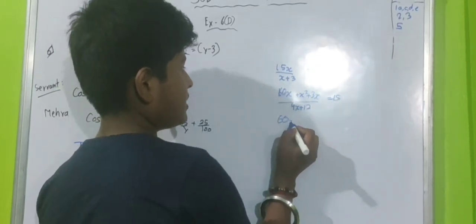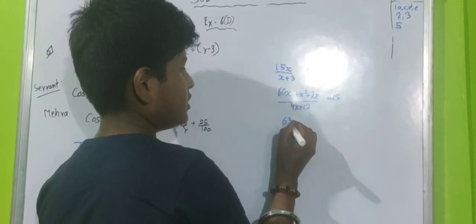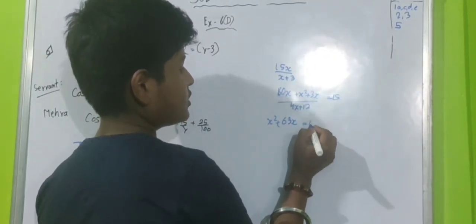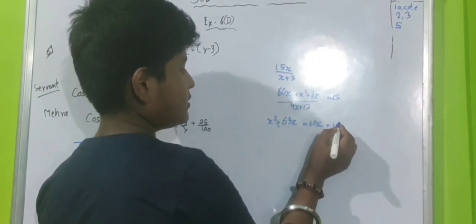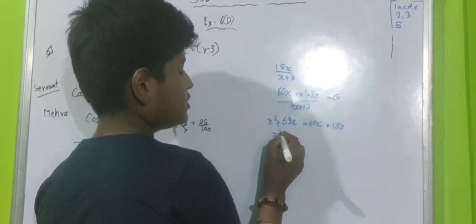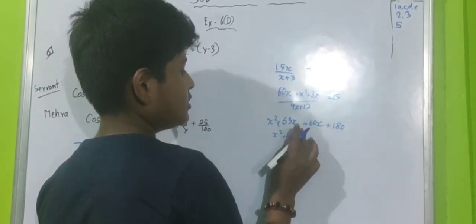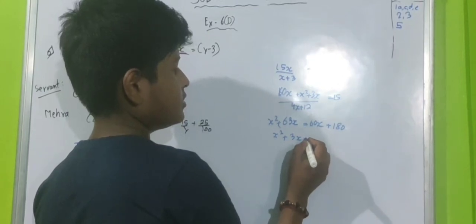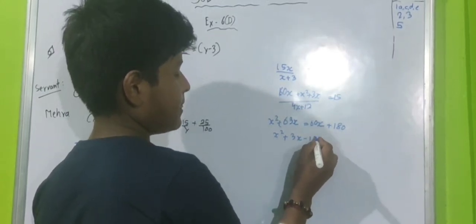Now do cross multiplication, you will get x square plus 63x is equal to 60x plus 180. So now send this to this side, you will get x square plus 3x minus 180.